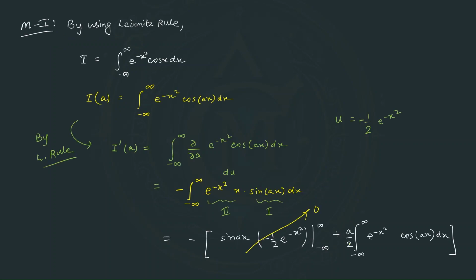So we can say that our I dash a will be minus a by 2 times this integral. Now this integral is actually same as this I of a. Now what is this? This is a simple differential equation of first order.